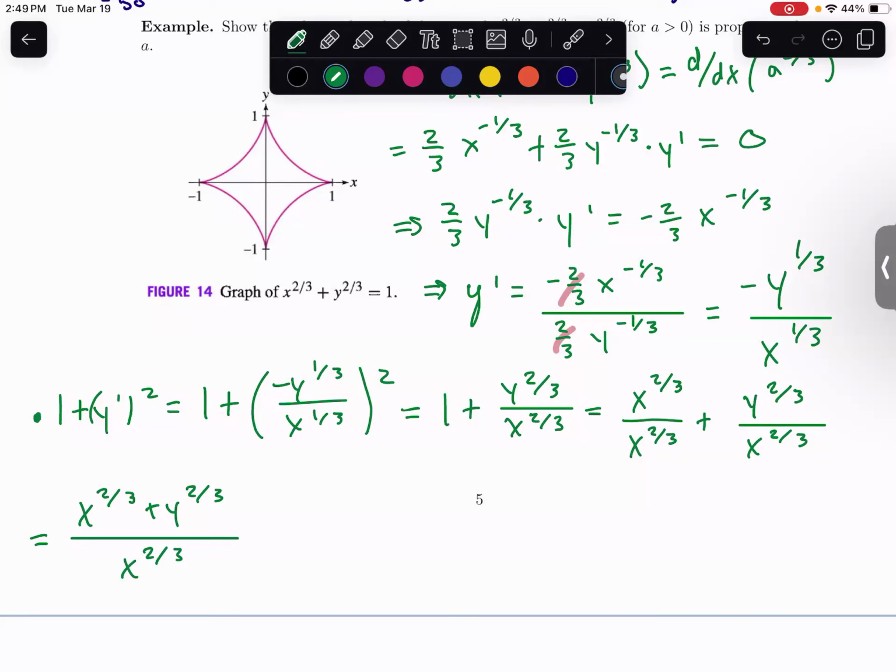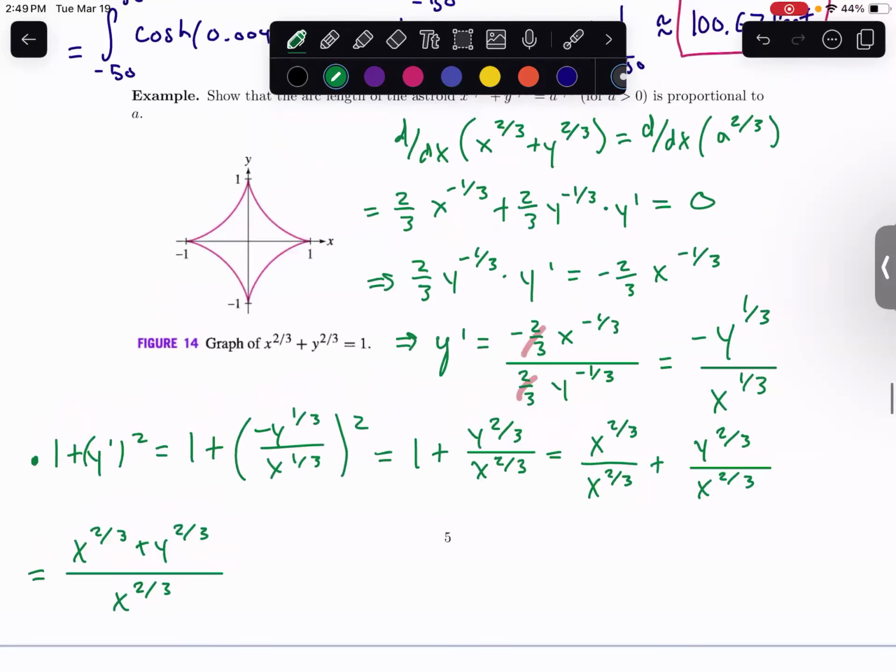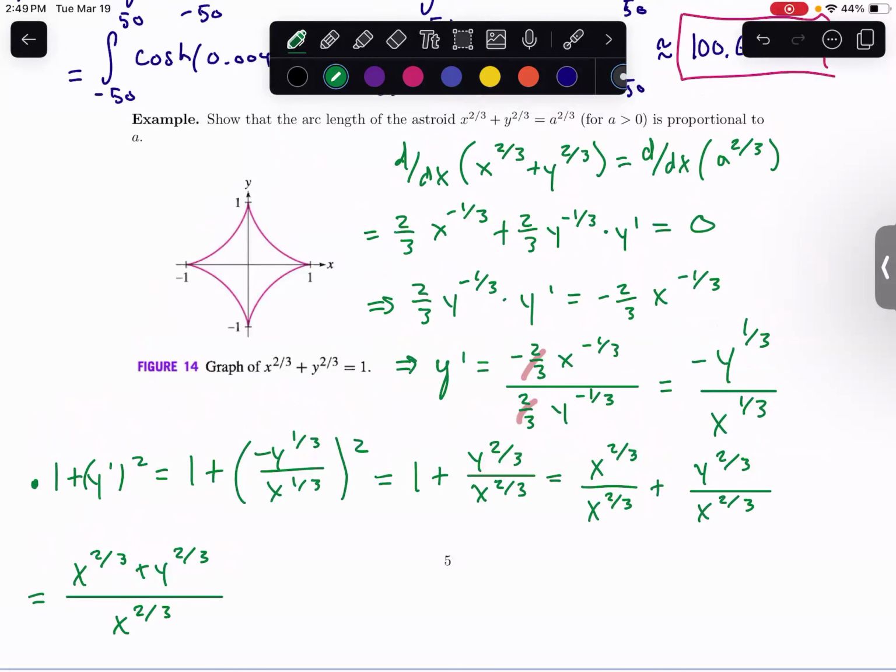Yeah, so this is why I wanted to do the substitution afterwards. As Virginia said, we have this original equation, x to the 2/3 plus y to the 2/3 is equal to a to the 2/3. And we have this x to the 2/3 plus y to the 2/3 right here.